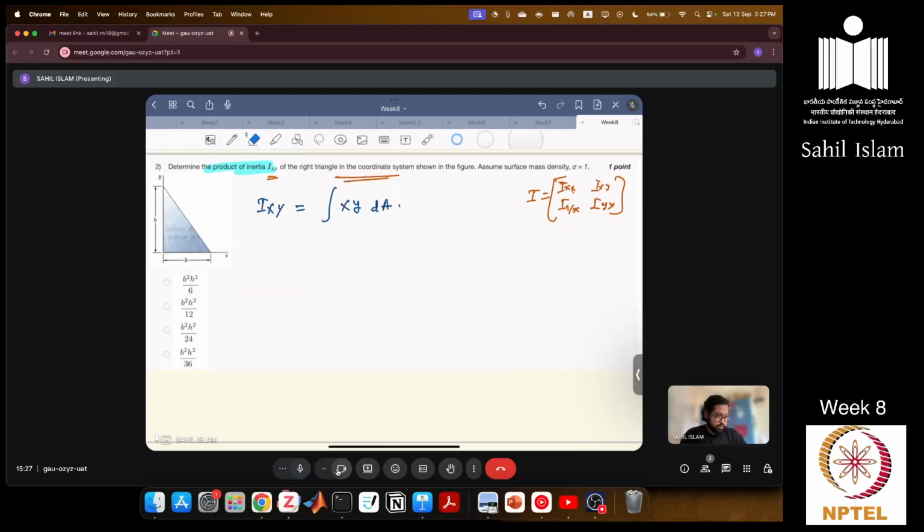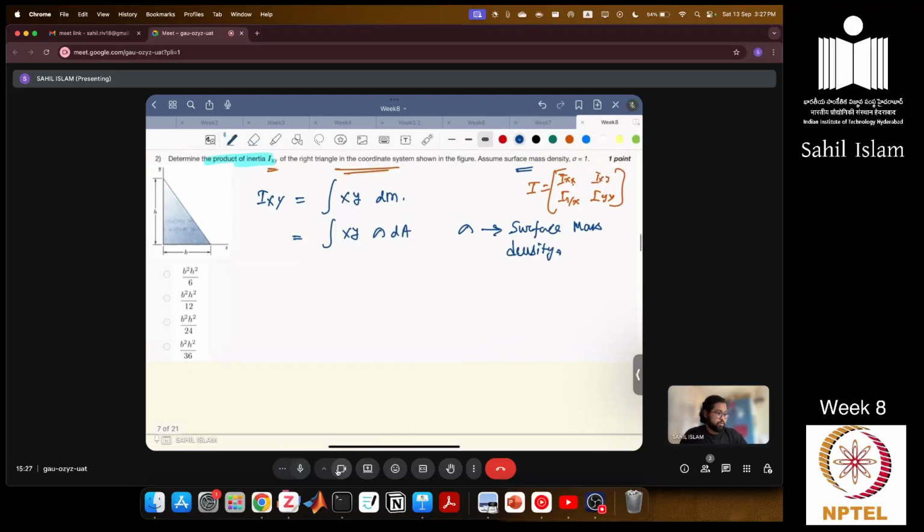Oh sorry, dm is mass. Now if you have surface mass density sigma, then we can write dm as sigma dA, where sigma is the surface mass density. Now sigma is constant, so sigma xy dA.